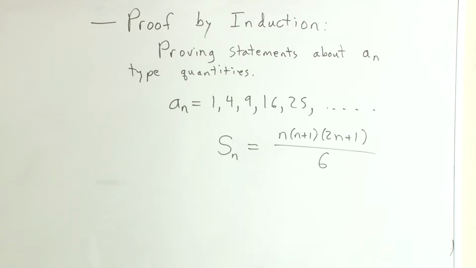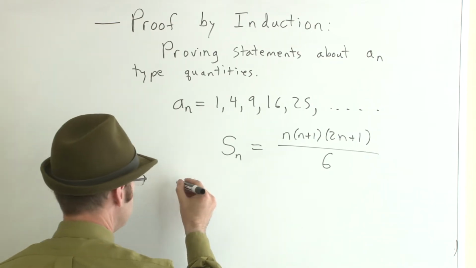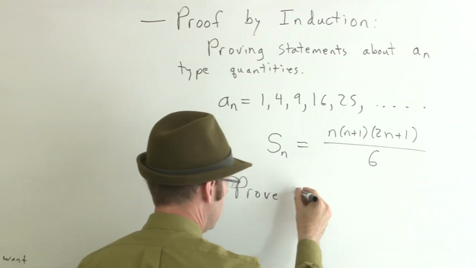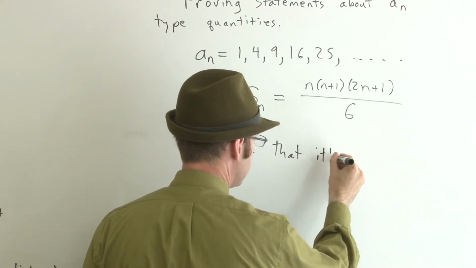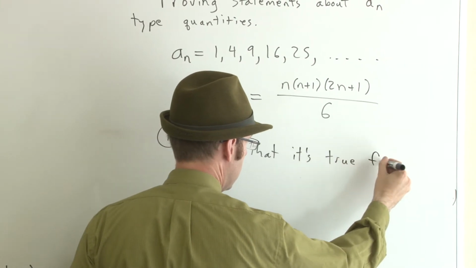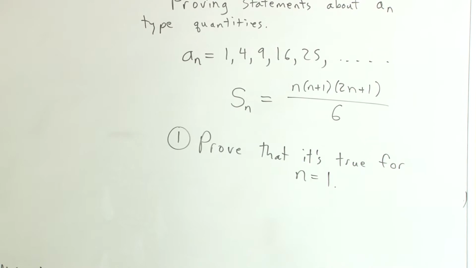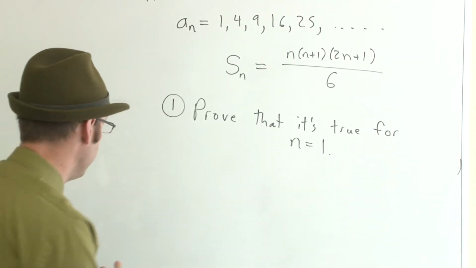And how inductive proofs work is in two steps. One, prove that it's true for n equals 1. Now here's the neat part.